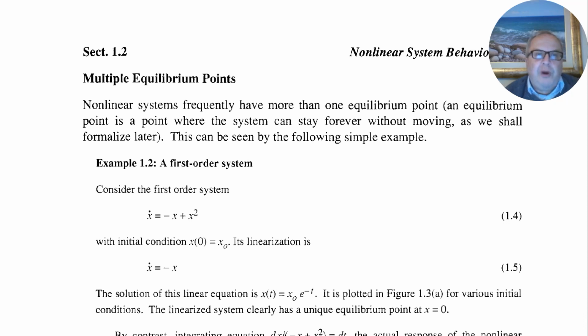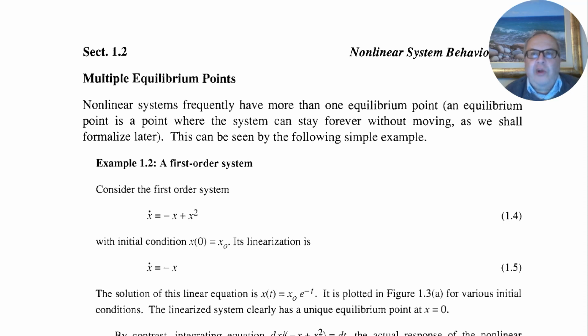Excuse me, not exactly this. Equilibrium point means dx1 equal to 0, dx2 equal to 0, dxn equal to 0. All the derivatives of the state space vector are equal to 0.